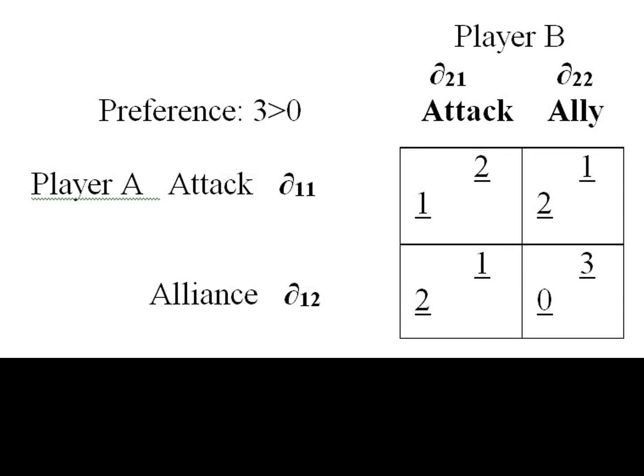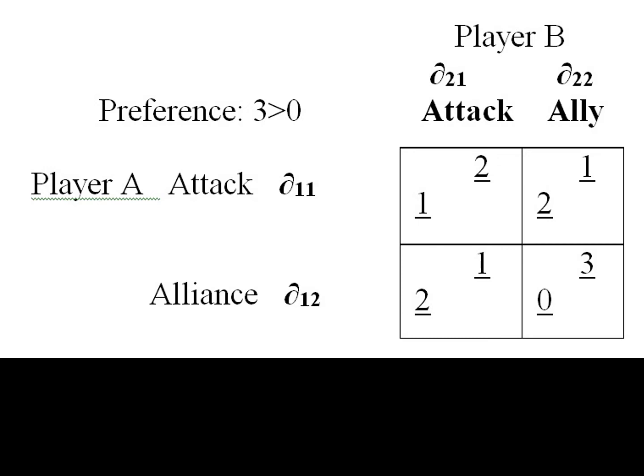So what you see here in front of you is the 2x2 cell that remained after we eliminated the dominated strategies. So you'll see that there's a preference, which is 3 is greater than 0. And player A has two strategies, attack and alliance, and player B also has two choices, attack and ally. Now I've put variables in there which are traditionally used.